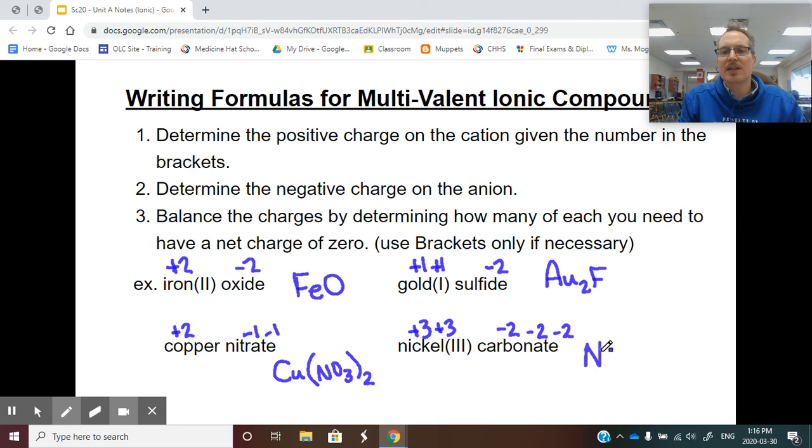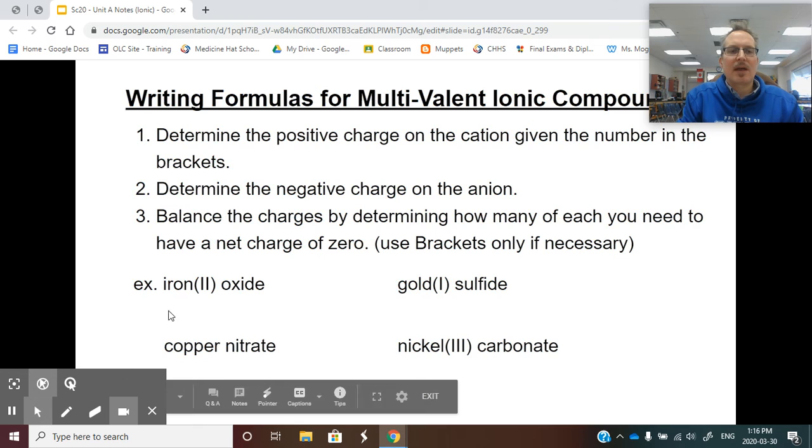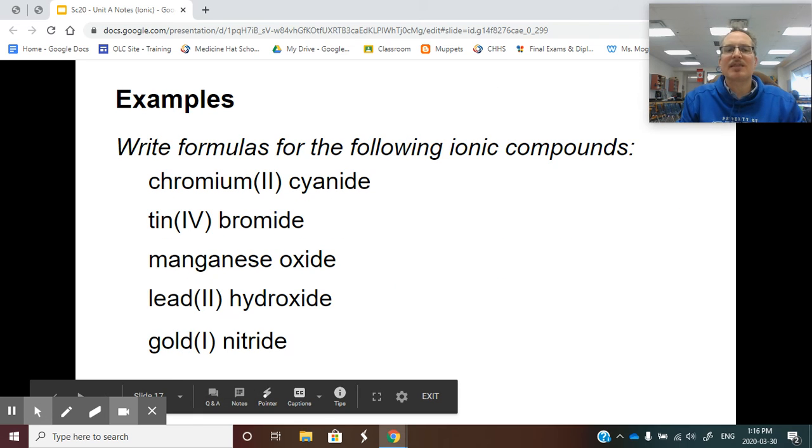So we are going to write this as Ni2 for 2 nickels, bracket CO3, 3 for 3 separate carbonates. I'm going to clear this off. And I'm going to have you try these 5. Pause your video and then check your answers with me, pretty please.